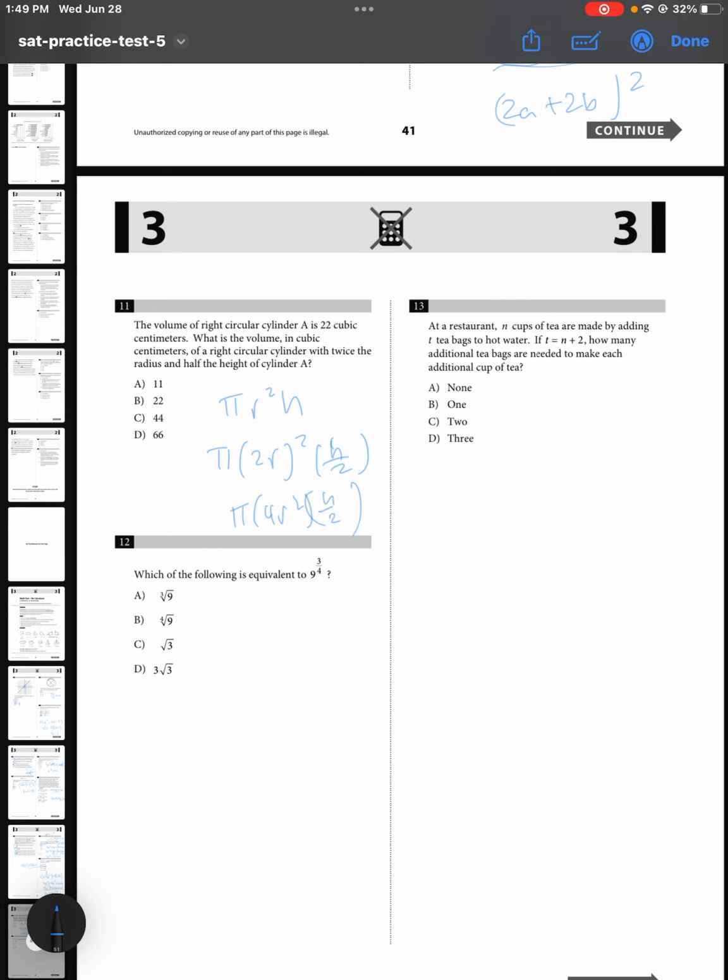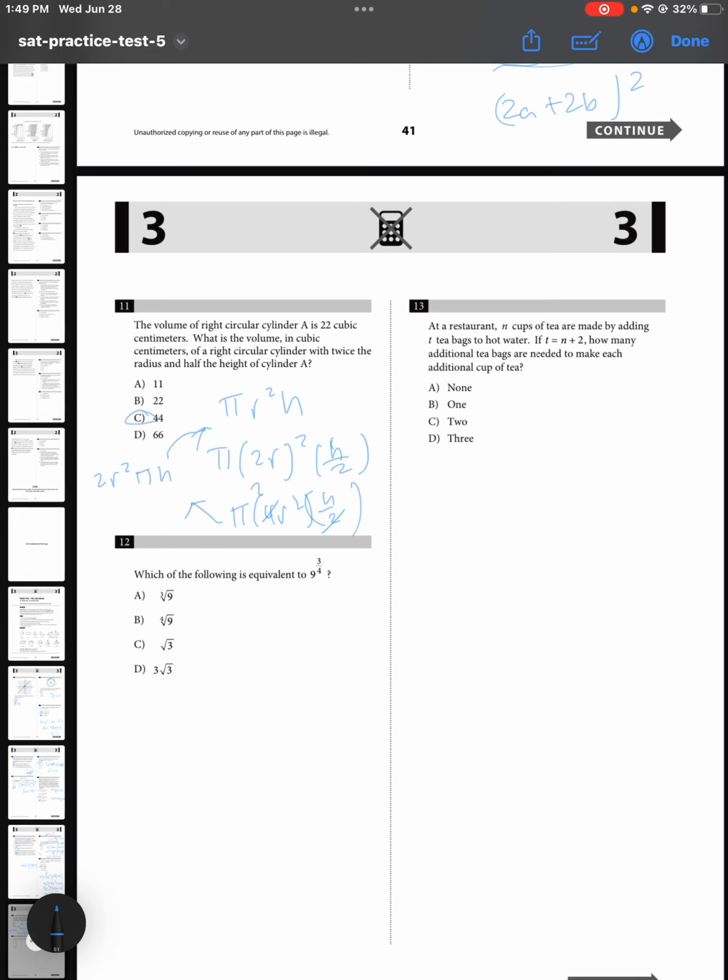And then comparing the two, the 4 cancels out with the 2 to get 2. So this turns into 2r squared pi h. So it's actually twice the amount of that.